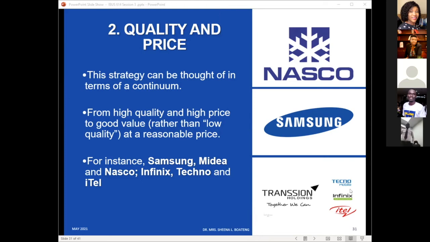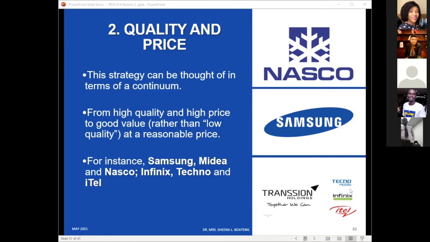Let me give you another one. Techno, Infinix, and itel are also owned by the same company called Transsion Holdings. Did you know that? Nope, we didn't know that. So Techno, Infinix, and itel are owned by Transsion Holdings. They are a Chinese company. And you realize that each of these brands is targeted at different groups of people, with Techno being, of the three, the most high end, followed by Infinix and then itel, right?